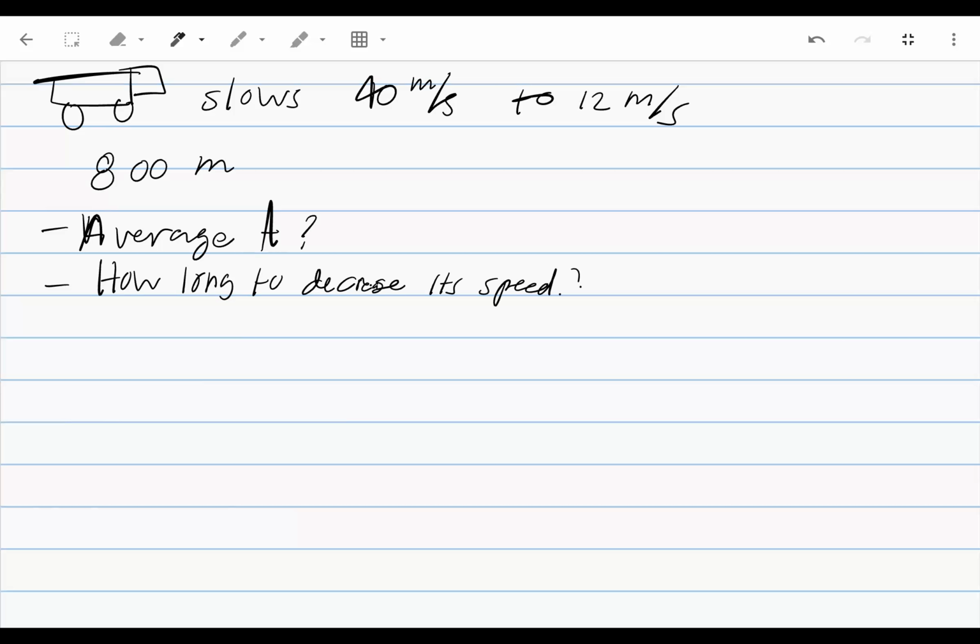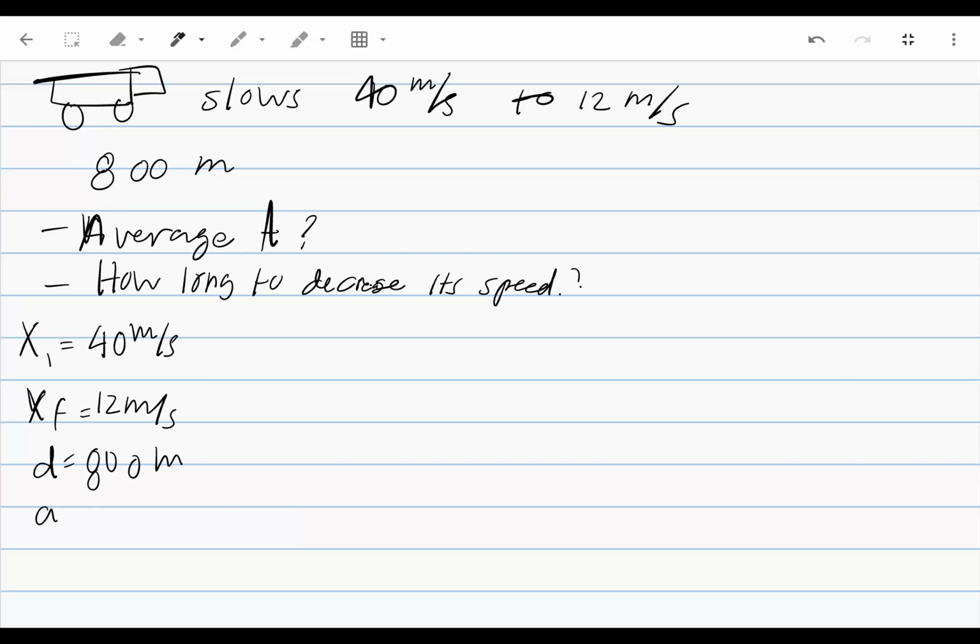So let's take what we do know and what we don't know and what we're trying to find. So we know our initial speed is 40 meters per second. Our final speed is 12 meters per second. Our distance is 800 meters.